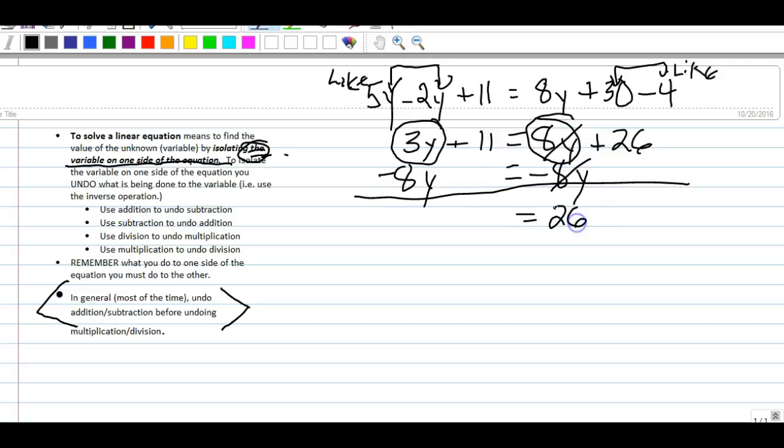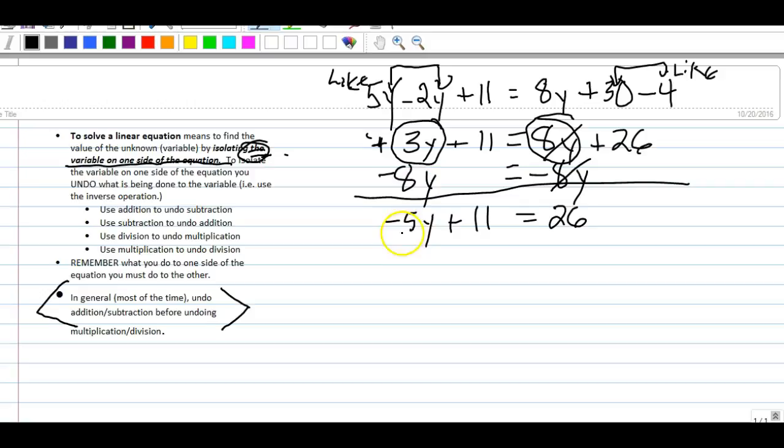Now, many of you probably would have subtracted 3y from both sides so that you would have a positive coefficient for your unknown, but it really doesn't matter. 3y minus 8y, since these two terms have different signs, we're going to subtract. So that gives me minus 5y plus 11 is equal to 26.